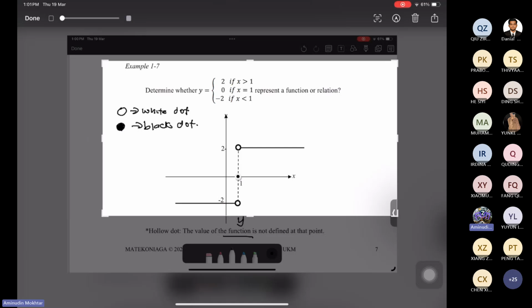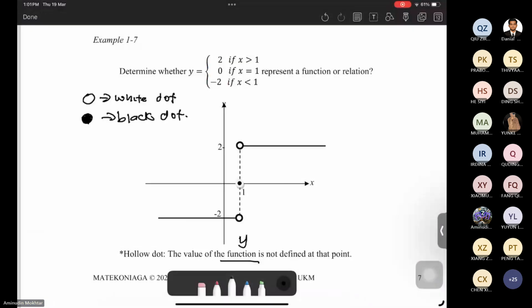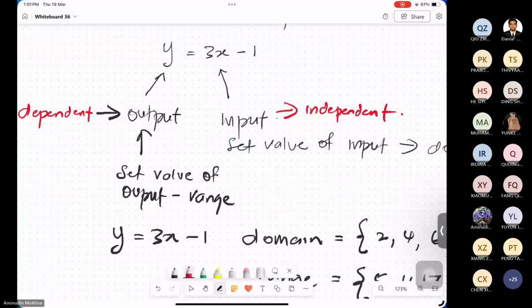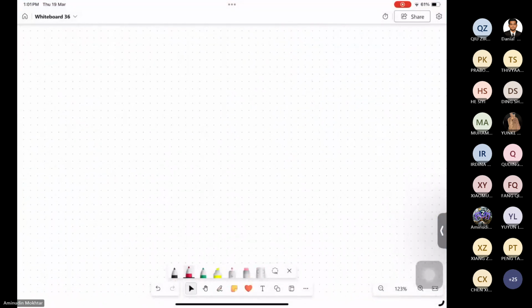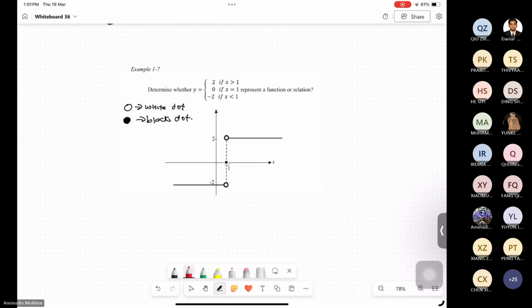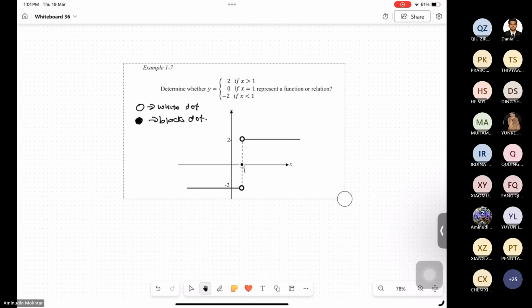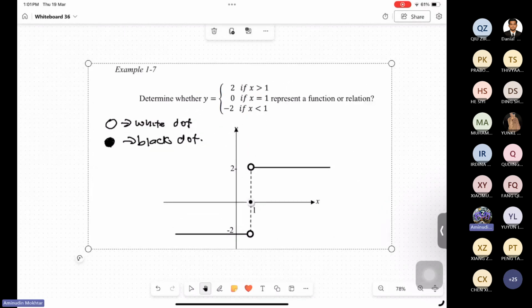Example 1.7. I hope you can see this graph.